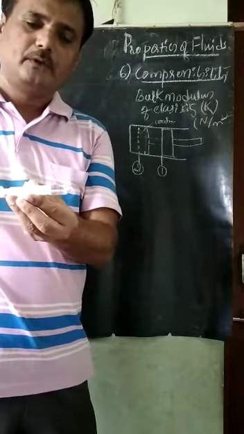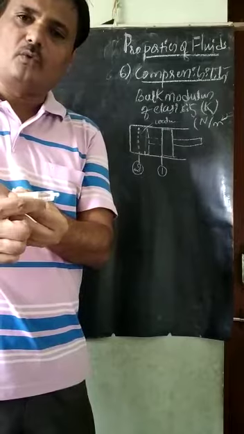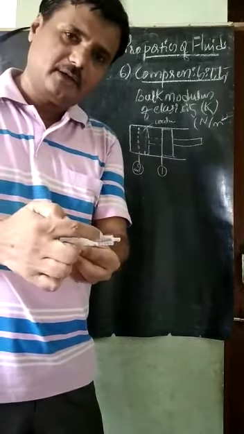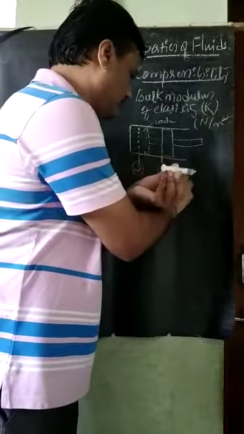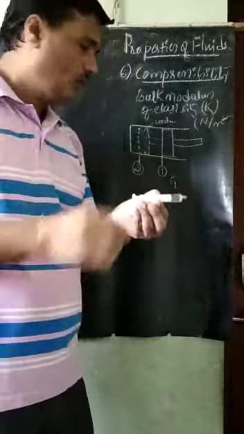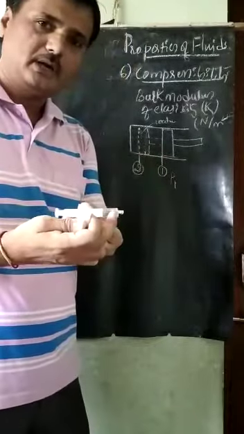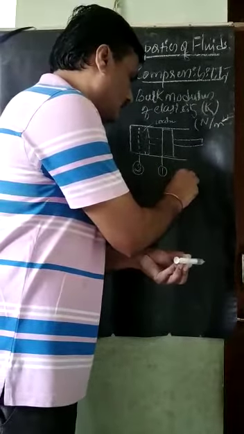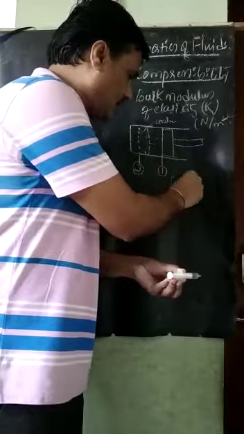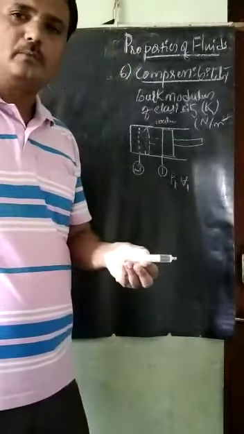Now the pressure of the water inside this cylinder is P1. The volume it covers, the total volume of this water, is V1.